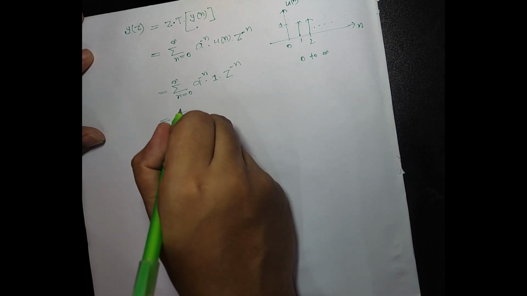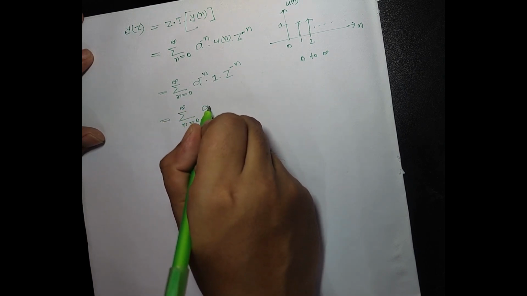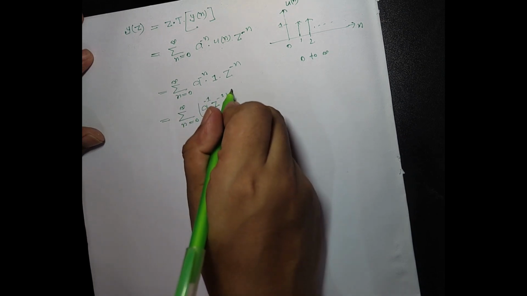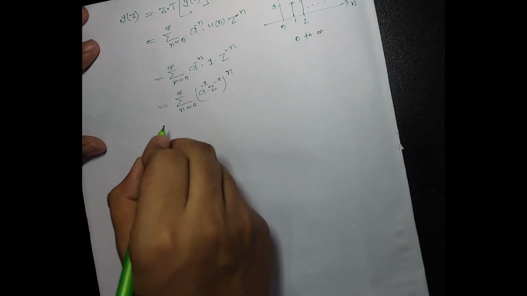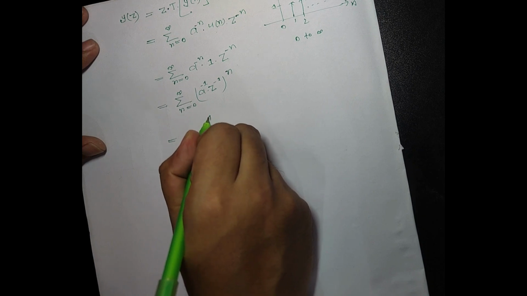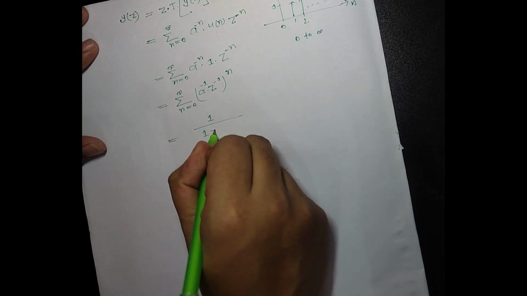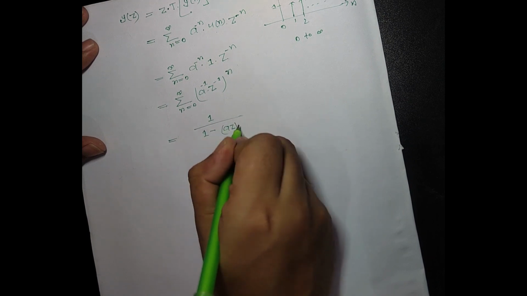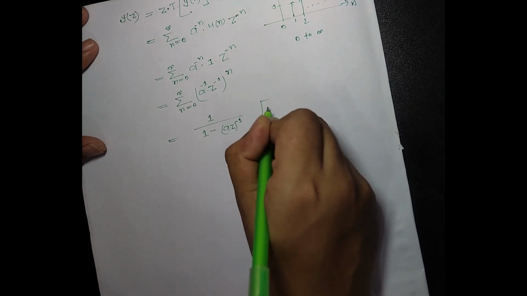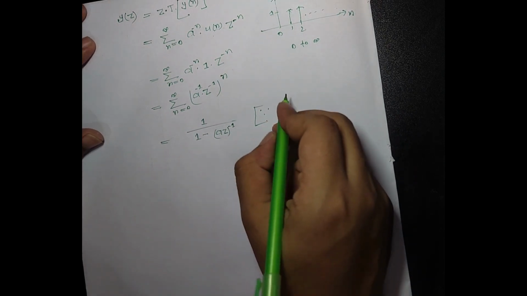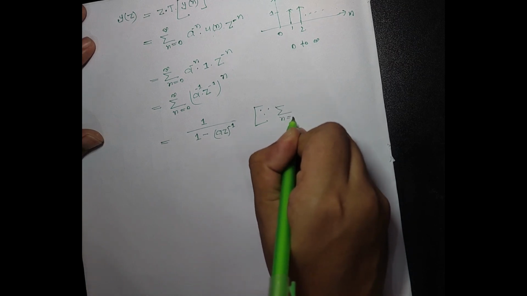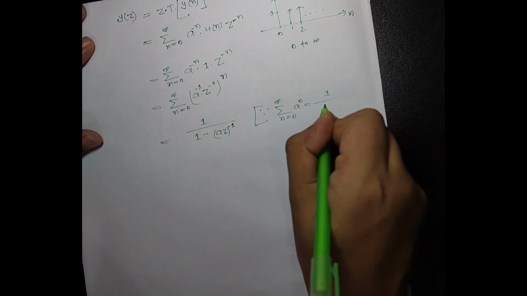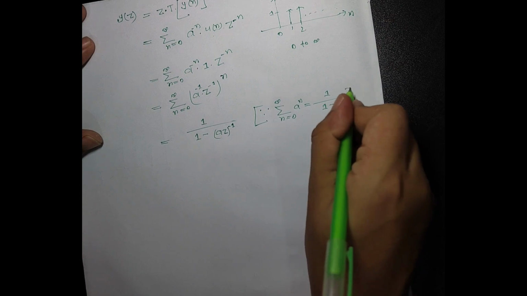Summation to the power n of 1 by a z inverse, because summation n equal to 0 to infinity a to the power n equal to 1 by 1 minus a.